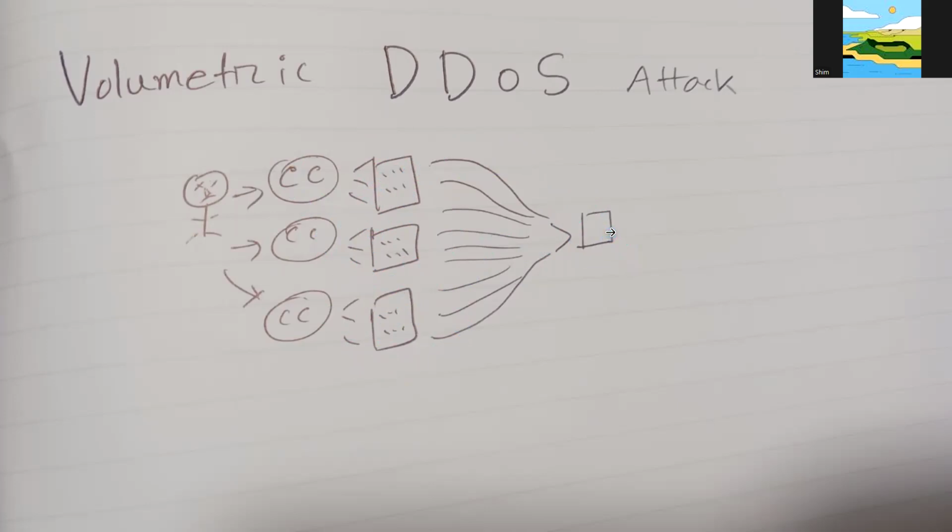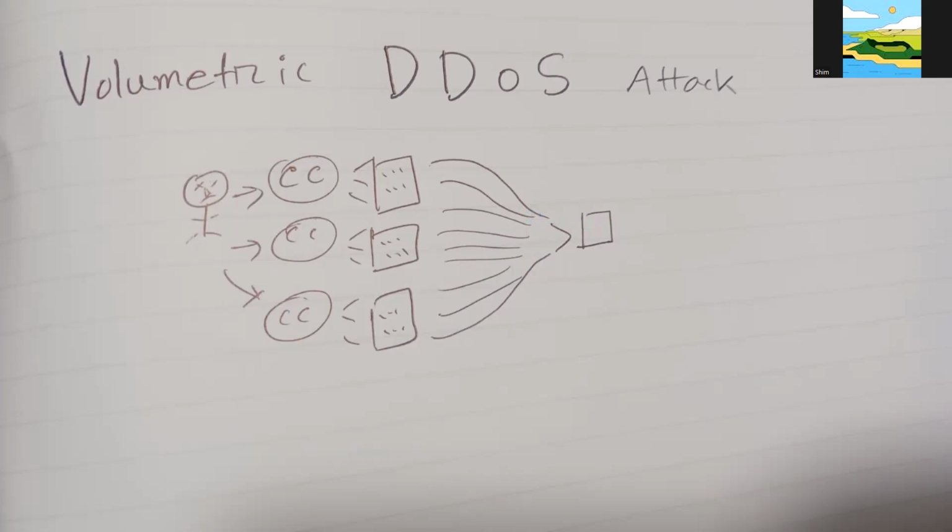They all come to a volumetric and attack this application, and they flood the application. Essentially a volumetric attack is like a bandwidth attack.